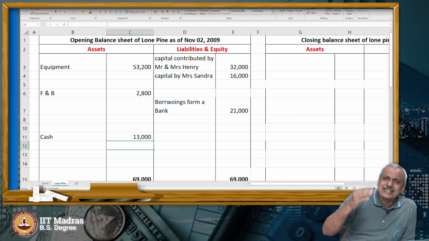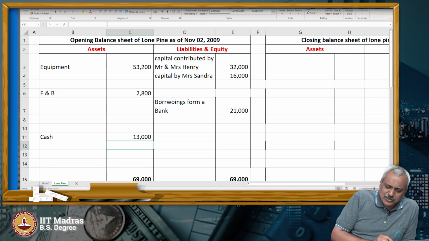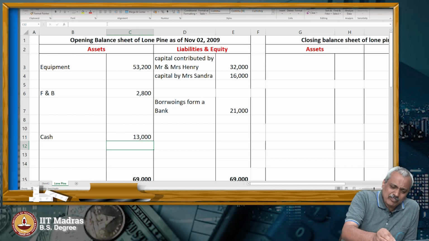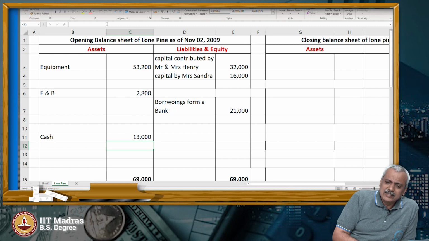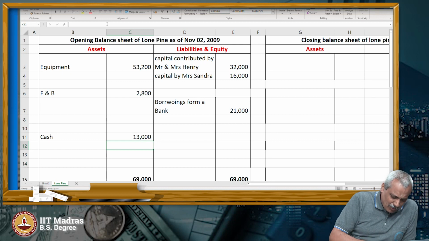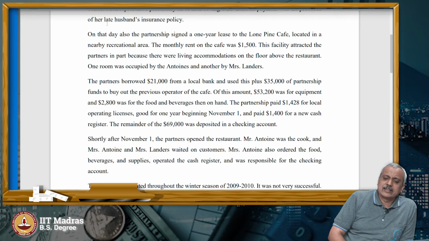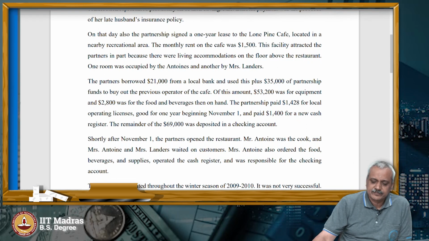When you pay that, the cash balance reduces by 56,000. Now what is the cash balance you have? 13,000. You have 2,800 of F&B, food and beverage, equipment of 53,200, and this is how the balance sheet looks. Let me go back and read through it again further.